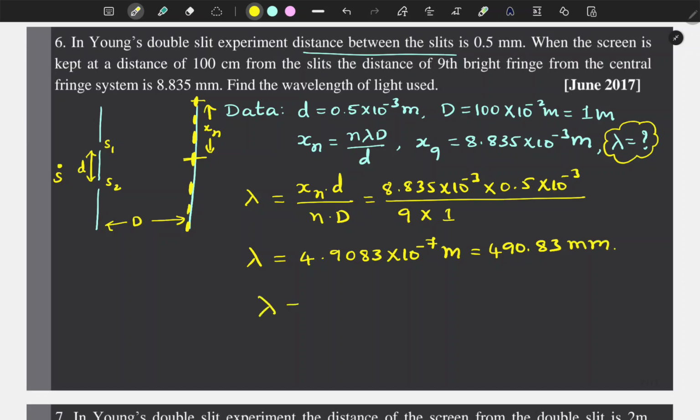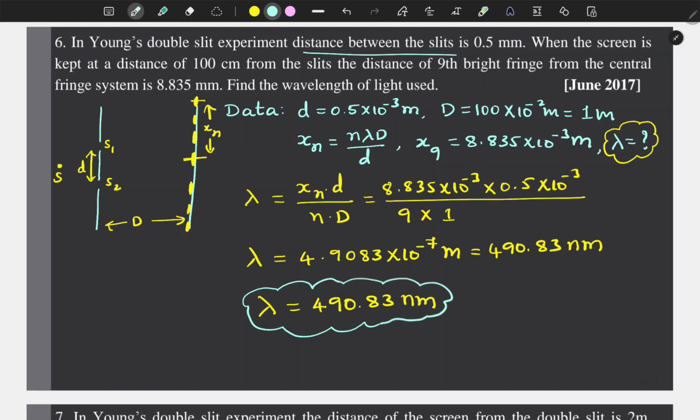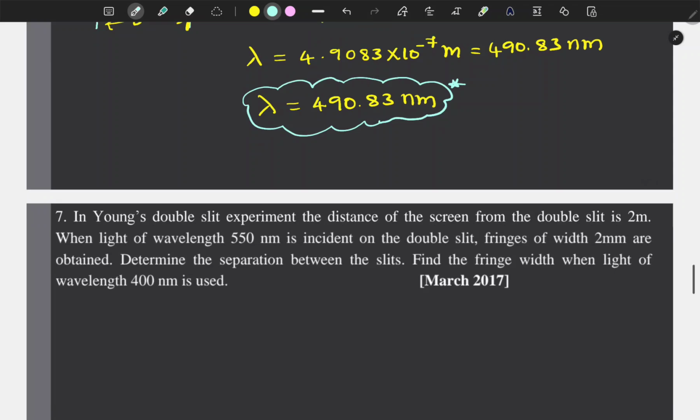Therefore lambda used is 490.83 nanometer. Yeah, this is the answer. Shall I move to the next question? Yes.